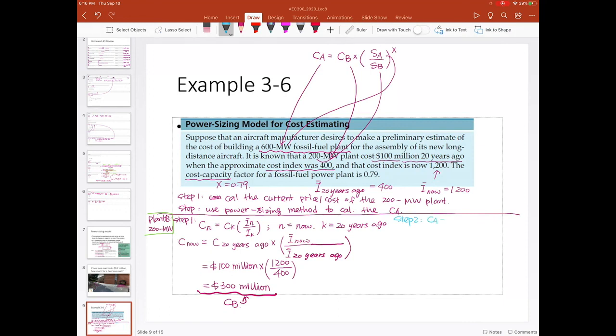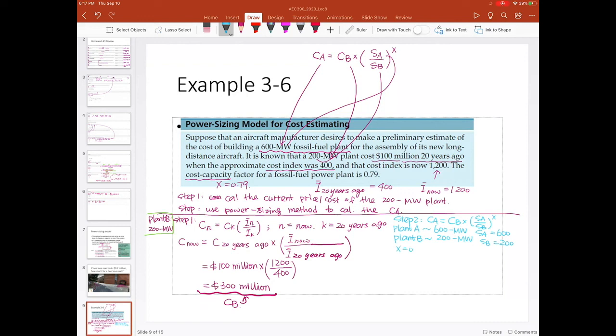That function is CA is CB times SA over SB to the power of X. And here we said plant A is something unknown, so that's our 600 MW plant. And the size for A is 600. So plant B is related to our smaller capacity plant, and the size B is 200.